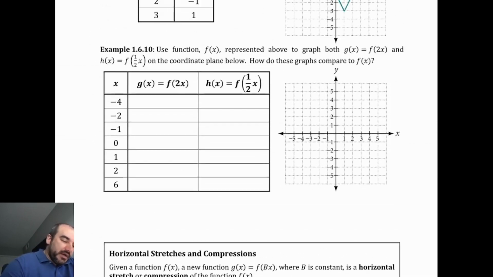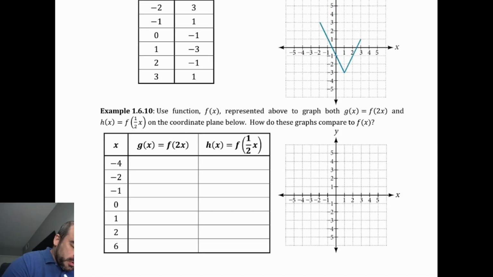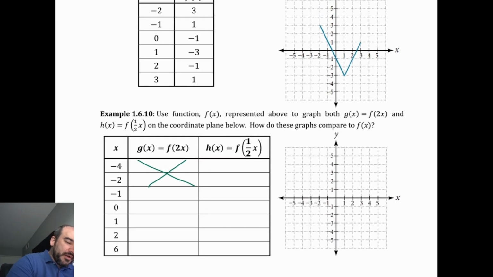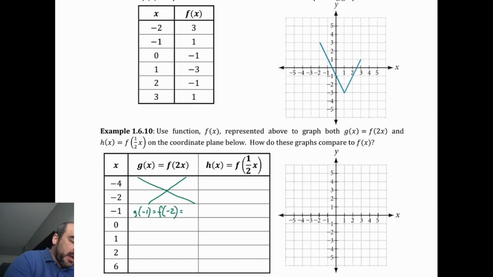So going back to our example here, we're not going to do the first two boxes, because we don't have values for those in the original function. But when we want to do g of -1, we're going to instead do f of -2, because we're multiplying the x value by a 2. And f of -2 from the original graph is this -2 comma 3. So we get a 3 here.